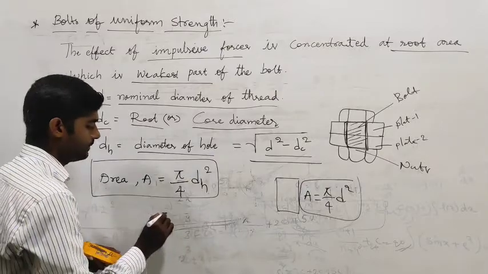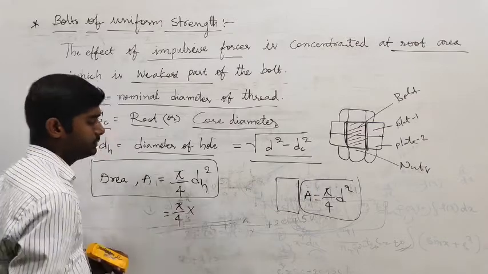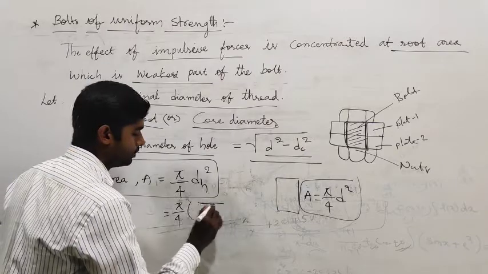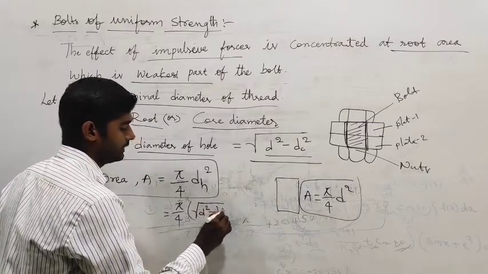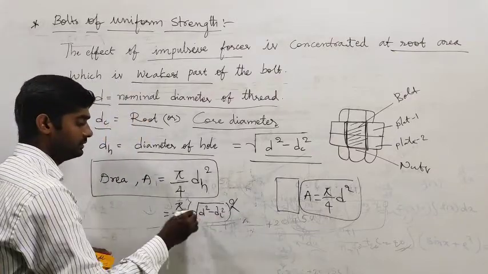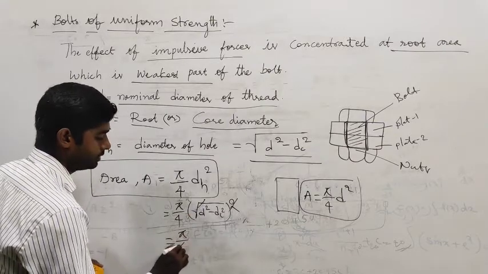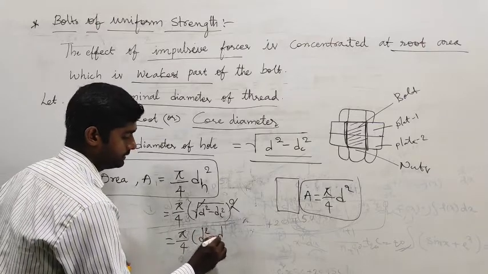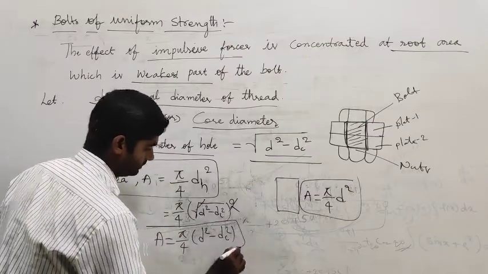Let's substitute: pi by 4 into bracket root D square minus DC square, whole power of 2. Square root cancels. So it is pi by 4 into D square minus DC square. This is the area of the hole.